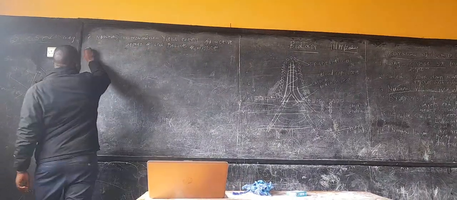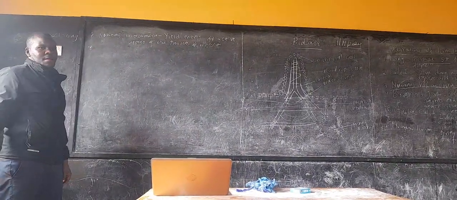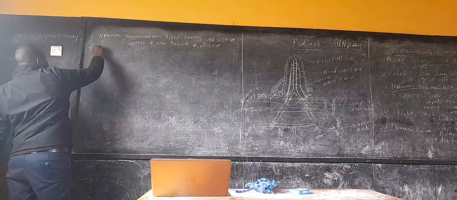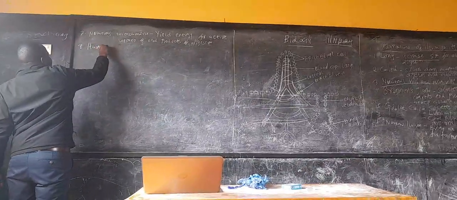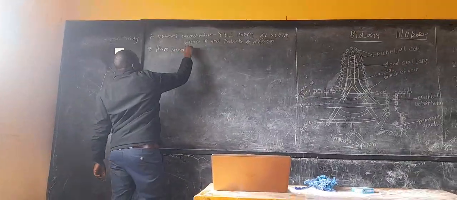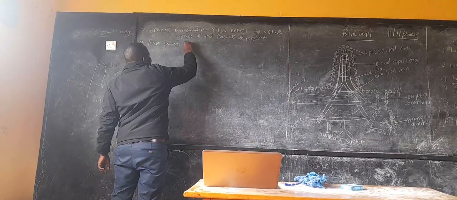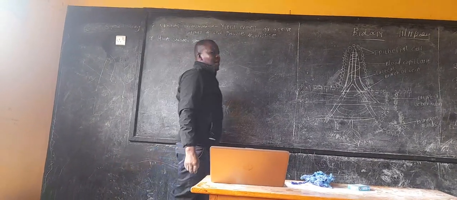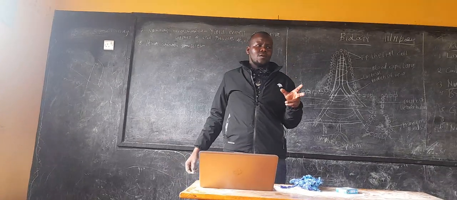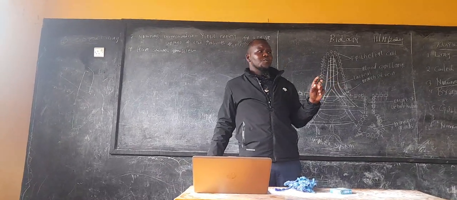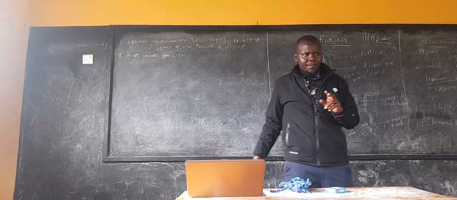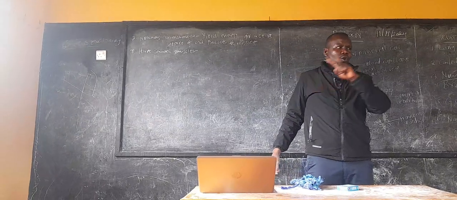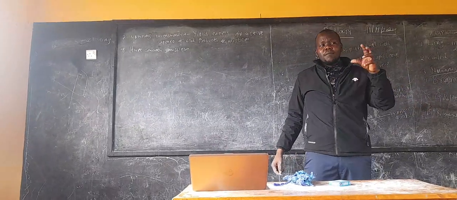Number 8. They have smooth muscles. When we speak about the smooth muscles, we are speaking about the ileum. The ileum lining will be having the smooth muscles. Those smooth muscles will be which muscles? Circular and longitudinal muscles.